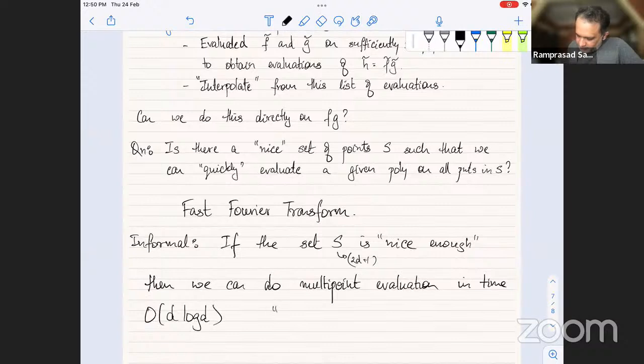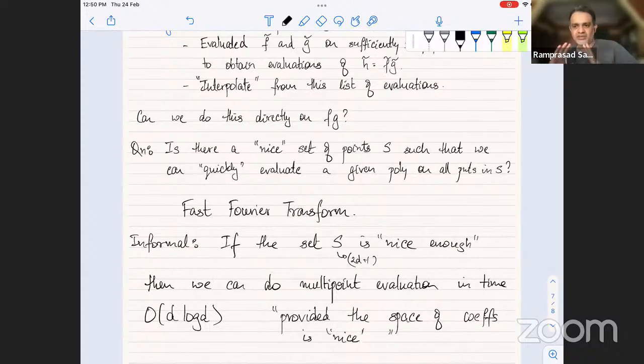provided the space of coefficients is nice, whatever that means. Until this point, we were completely oblivious to where the coefficients were coming from.